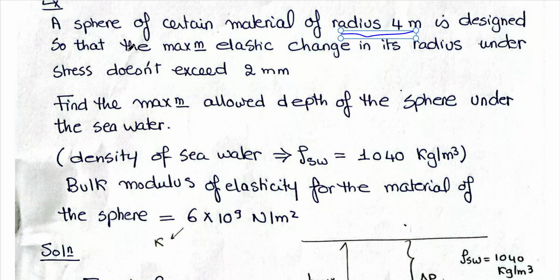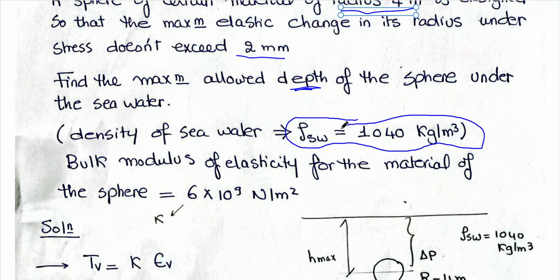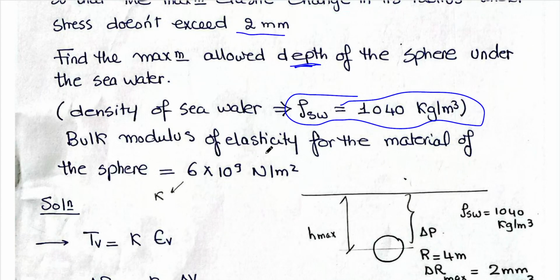It is designed so that the maximum elastic change in its radius under stress does not exceed 2 millimeters, I'm sorry. Find the maximum allowed depth of the sphere under the seawater given the density of seawater, and the bulk modulus of the material of the sphere, which is noted as K.